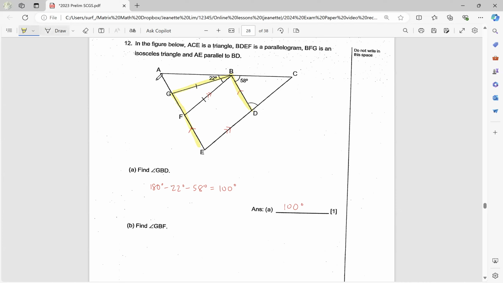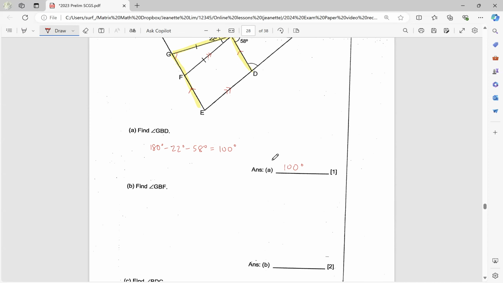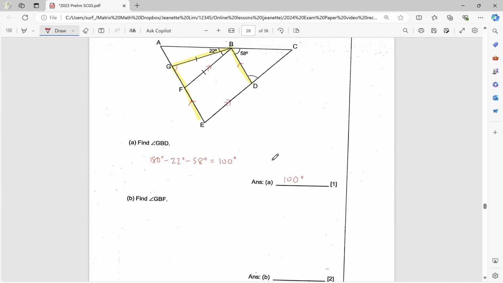So angles between two parallel lines add up to 180. Earlier we found that this is 100. So this angle here, BGF, is 180 minus 100. So this is also 80 degrees. So angle GBF is 180 minus 80 minus 80.